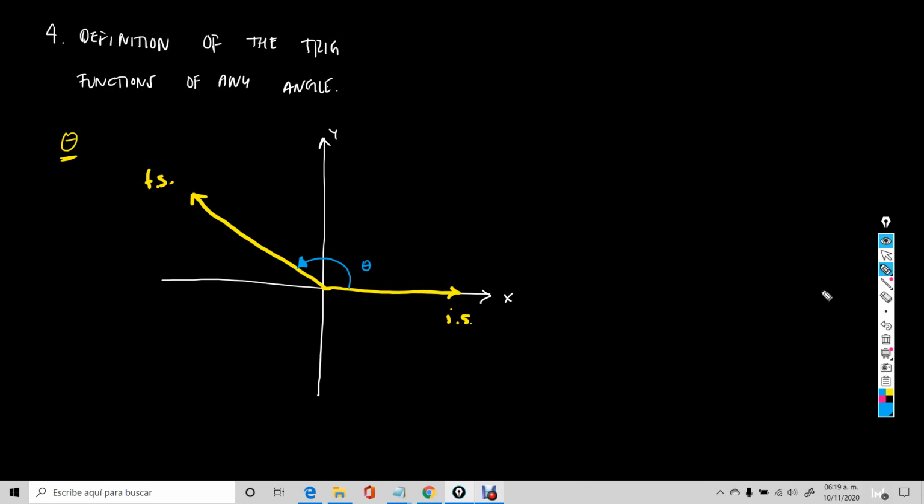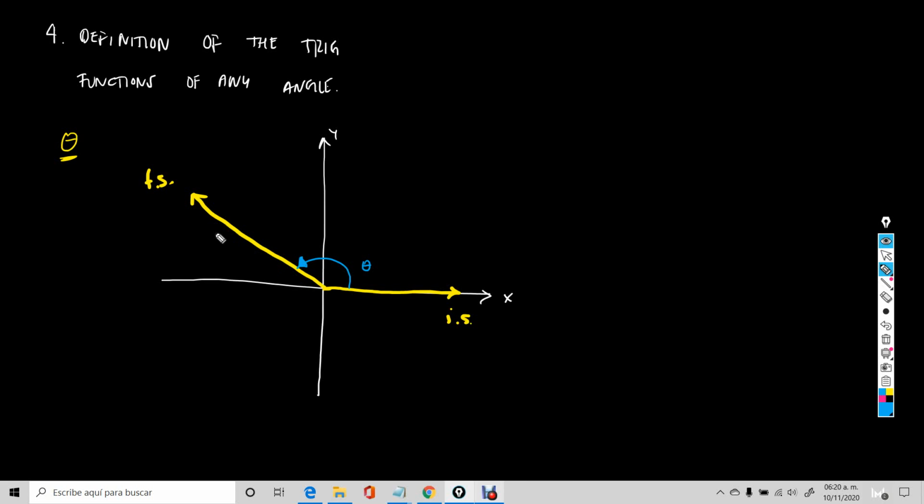And we define the trigonometric functions of theta in the following way. You're going to spot a point on the terminal side of theta. Any point, it doesn't matter.